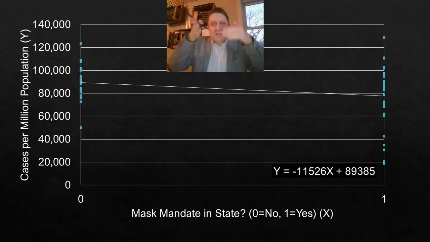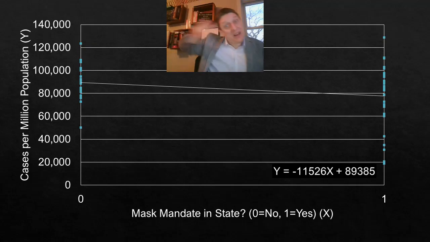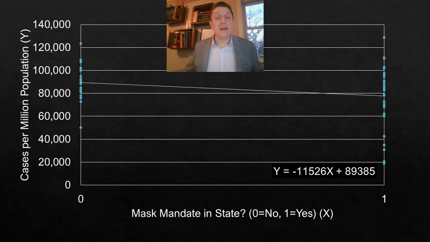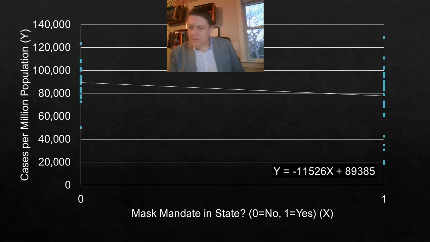So the average, which is the point closest to all of those dots over on the right-hand side, where the mask mandates are, is whatever 89,385 plus a negative number, which means minus 11,526 is. And, you know, I'm going to have to do the math really quickly, but that comes out to 77,859 cases per million people.